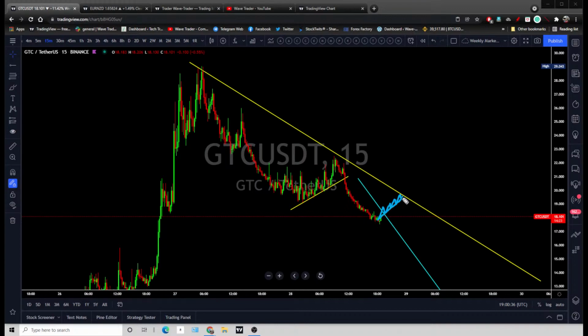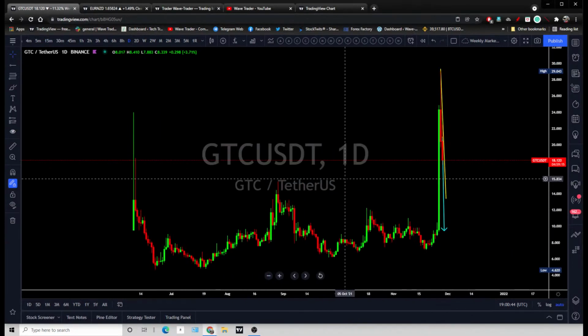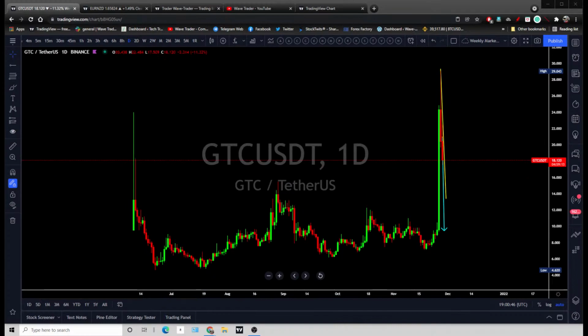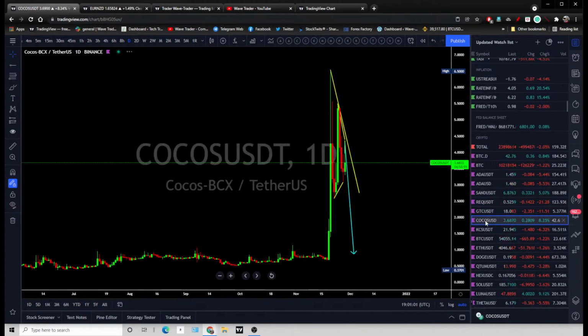Right now another correction, and slowly keep dragging lower, removing these gains it has. Keep dropping all the way back to that low, sit there the way it has done there, rather than the next run. Okay, so Request, same, go down, GTC go down, Coscos go down too.